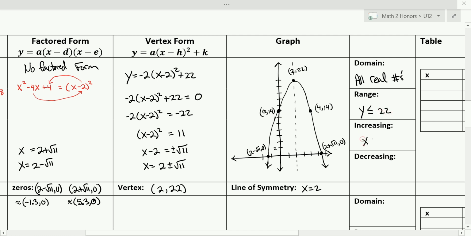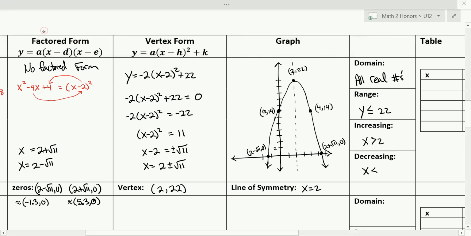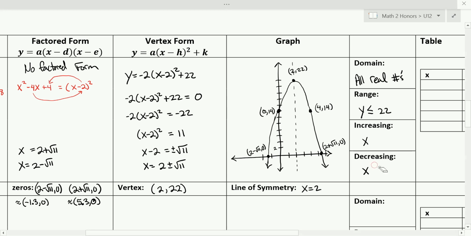Increasing when x is greater than 2, decreasing when x is, I'm sorry, I have that wrong. Let me fix that. Increasing when x is less than 2, and decreasing when x is greater.